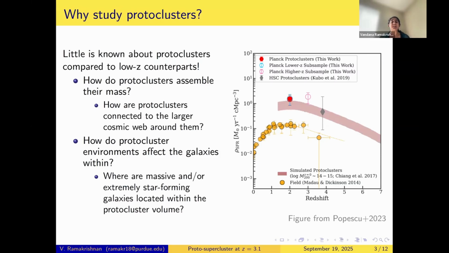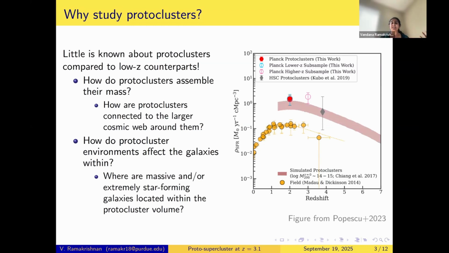And this is very much in contrast to clusters at low redshift, where we see that the galaxies within clusters are more likely to have ceased star formation and to have quenched. And this is a very well-known result, which has been known for several decades, right? So protoclusters are very different to their low redshift counterparts, but we don't have a very clear idea of why.